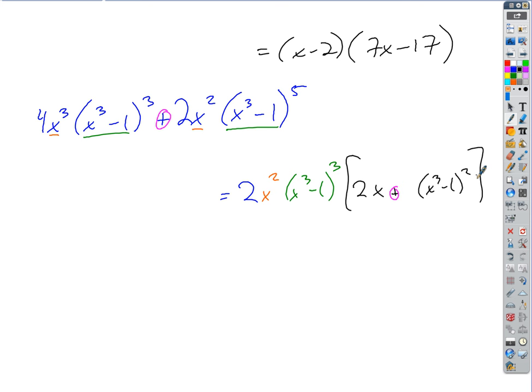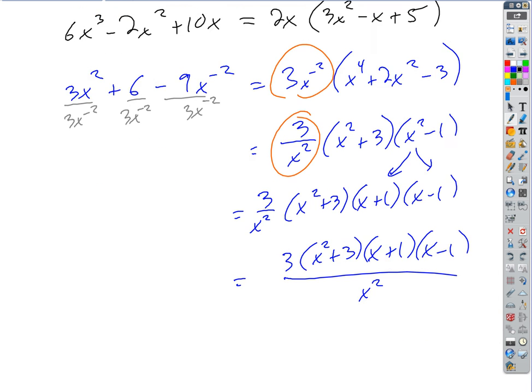So if I wanted to write this in factored form, I've got a constant factor, which I don't care about. I've got 2 variable factors. And then I've got this other thing that's trying to be a factor. What would I have to do to write that as a factor? Yeah, just simplify, right? So expand this out and add like terms. That makes sense? Okay, no big deal, right? We could do that. We don't have to do that right now.